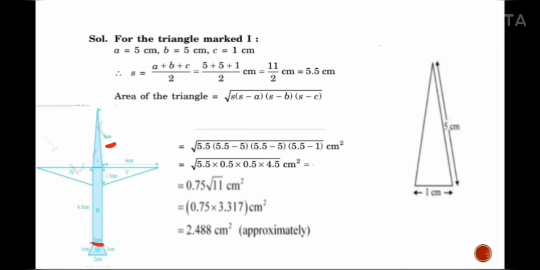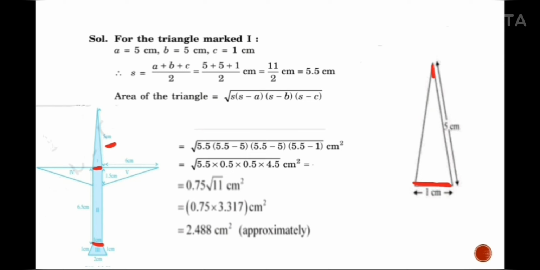So in part number 2, length is 6.5 centimeter, breadth is 1 centimeter. So what will be the area? The area of a rectangle is length into breadth. So 6.5 into 1, that is 6.5 centimeter square. So you got the area of part number 2.